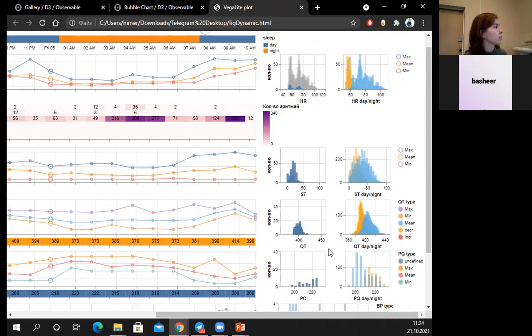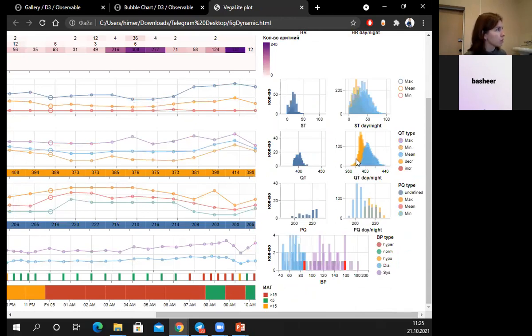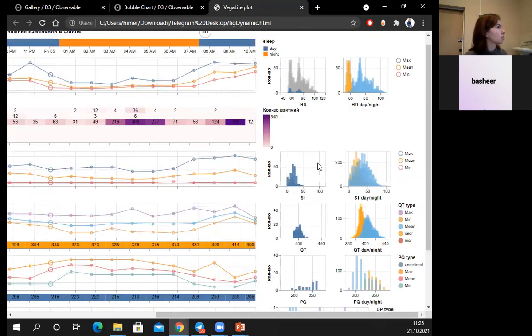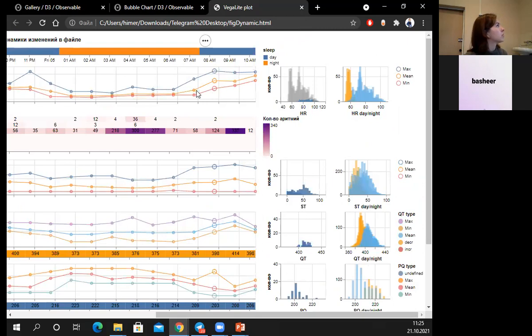And also here you have histograms with these parameters, the distribution of ST segments during day and night, for example. You may also compare radiation. You may see that when you select the time, one dot is 1 hour, and you may see the distribution of the parameter in this hour.